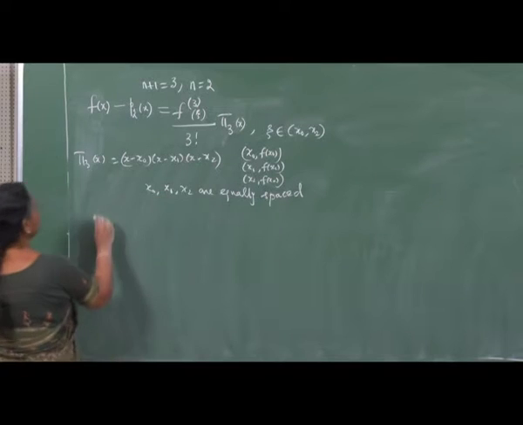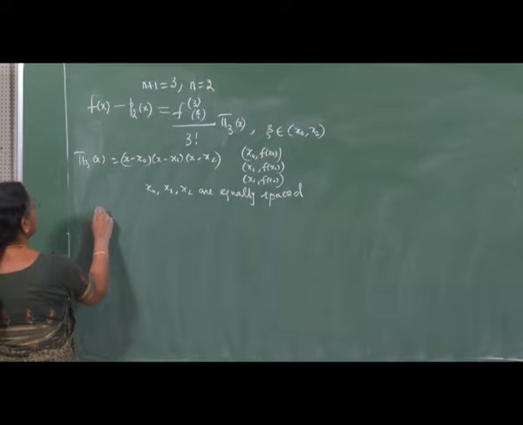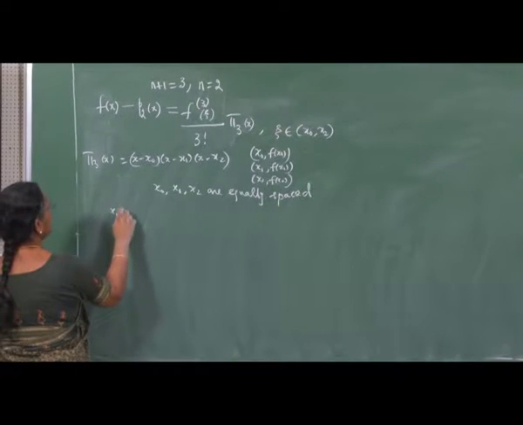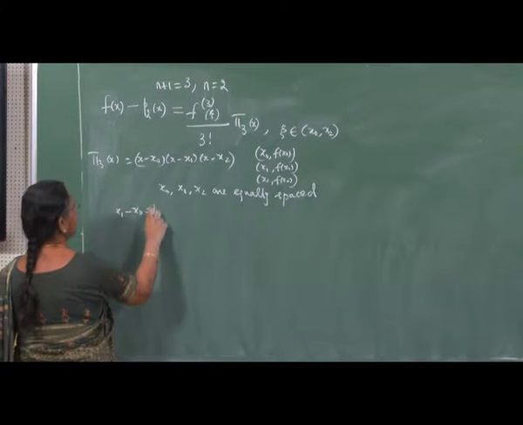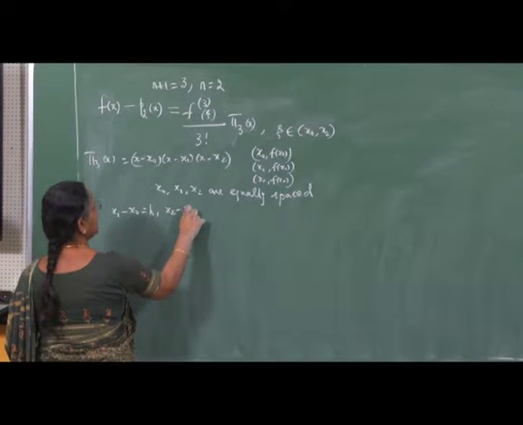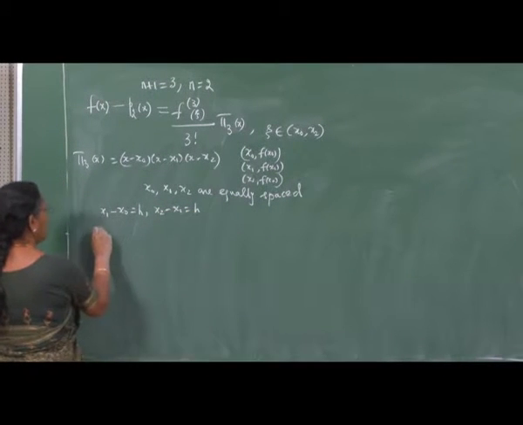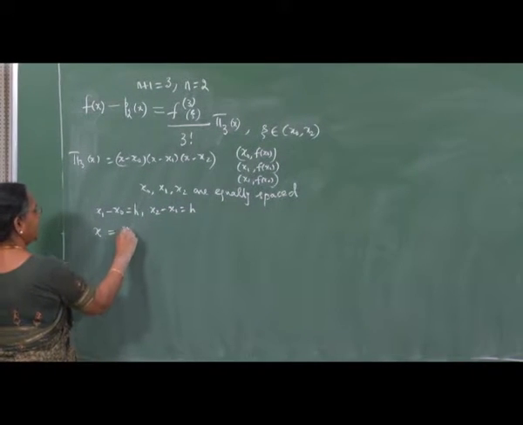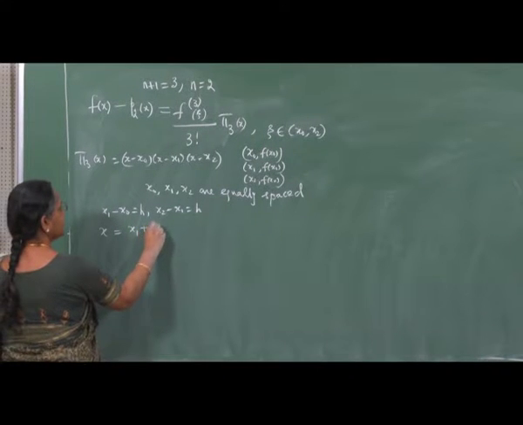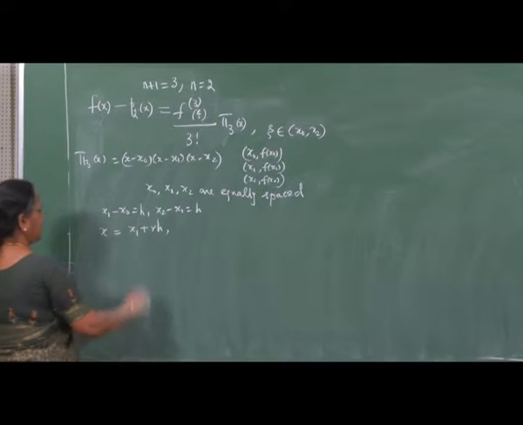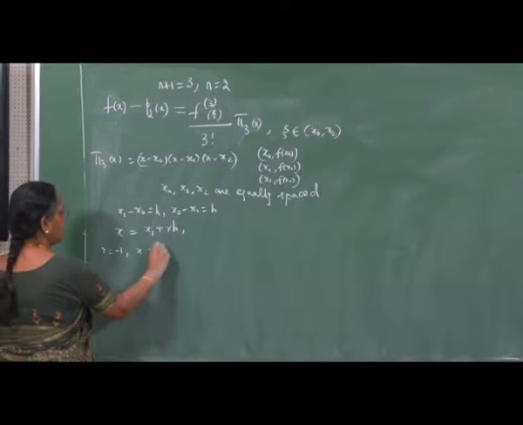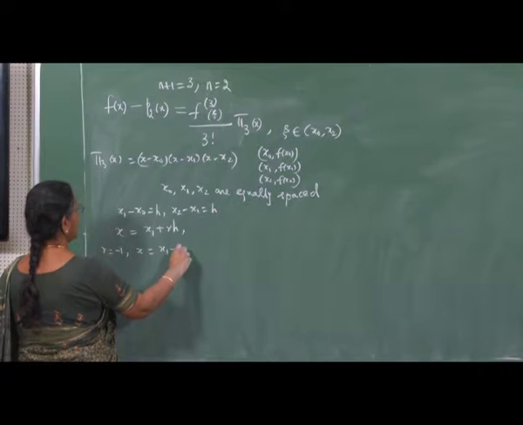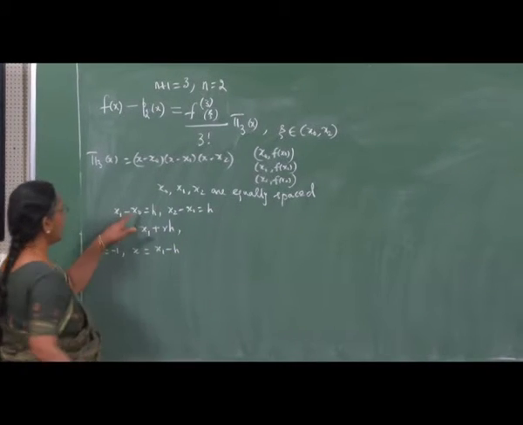So, in this case I shall take x1 minus x naught to be h, and x2 minus x1 is h. So, any x I take this to be x1 plus rh. So, when r is minus 1, what do I get? x is x1 minus h, and what is it? That is x naught.